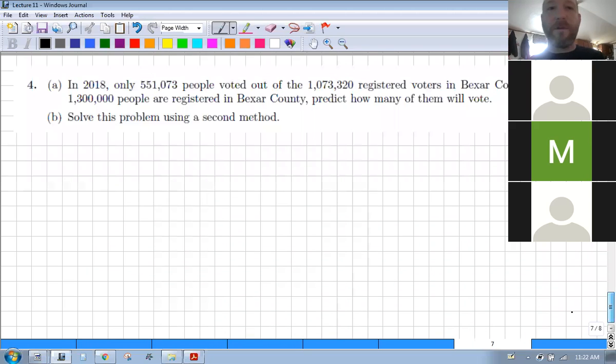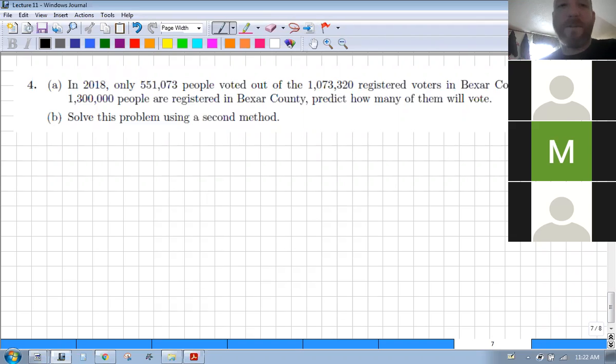Number 4, in 2018, only 551,073 people voted out of over 1 million registered voters in Bexar County. If 1.3 million are registered in Bexar County, predict how many of them will vote.